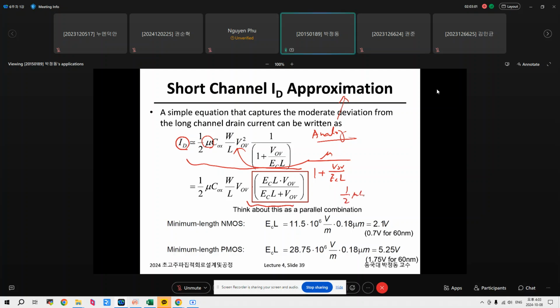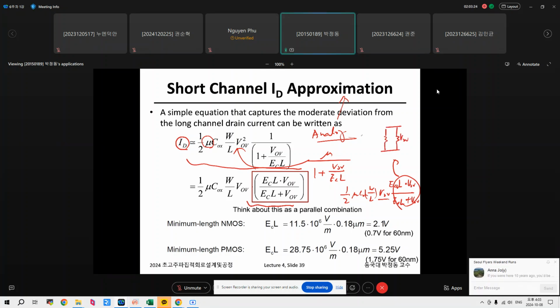If you rearrange those lines, it is looking like this: mu Cox W over L and overdrive voltage, and this is just ECL multiplied by V over, over ECL plus V over.